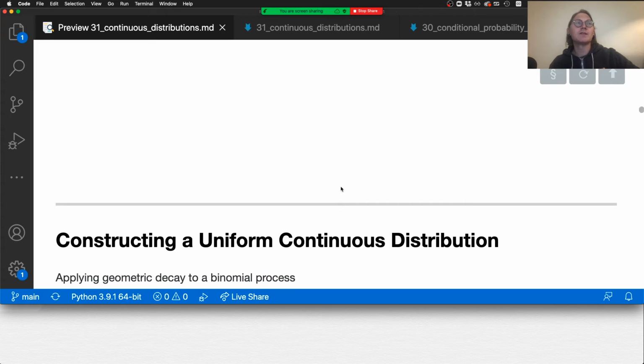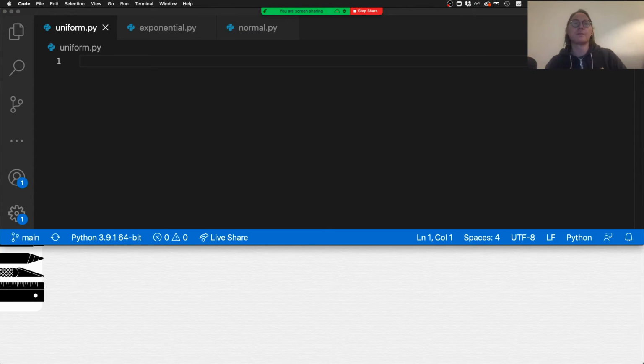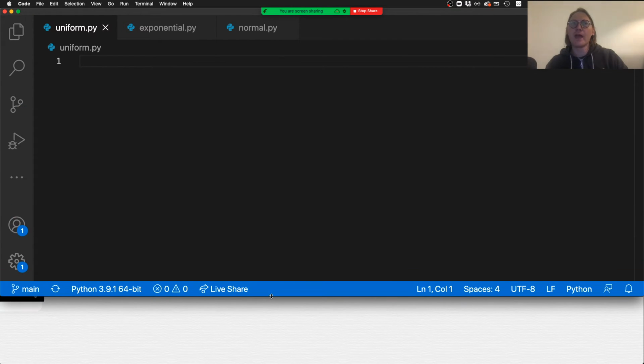Okay, so we're going to go through just this construction of a uniform continuous distribution. I'll do this in the uniform.py, which is in the folder on GitHub that I slacked.